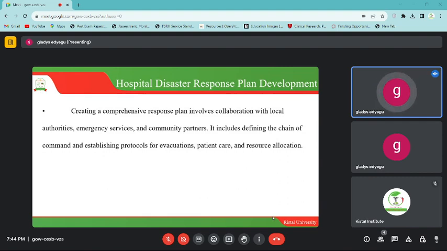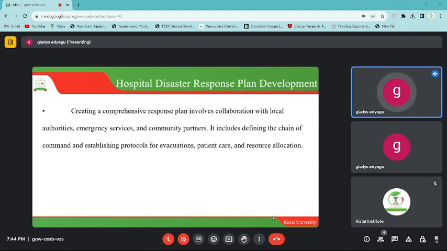When you have developed your plan and you've decided that this plan should address the different disasters in case they occur, then your authorities need to be involved and they should know that in case this happens, what is the plan to help us address. So the different authorities need to be involved or collaborated with in your work plan.